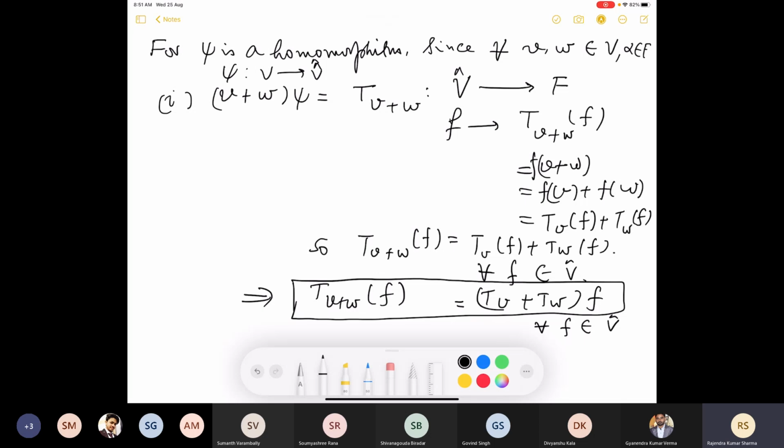So as maps, T_(v+w) is the same as T_v plus T_w. And that makes (v+w) under psi the same as v under psi plus w under psi. So it preserves this sum.